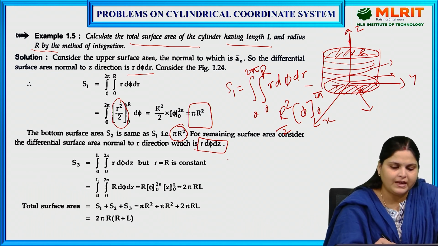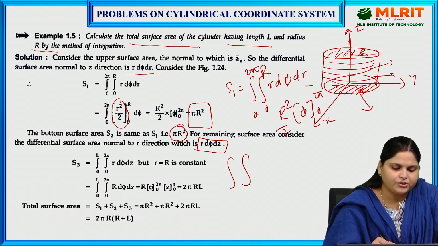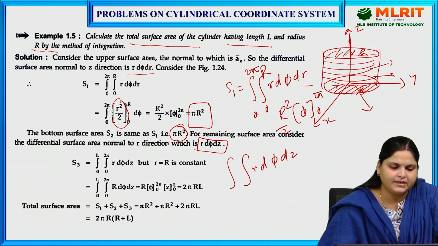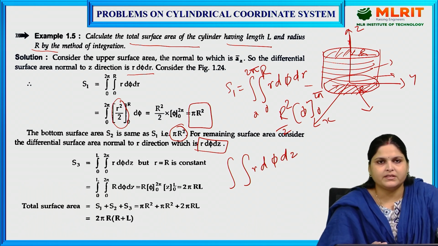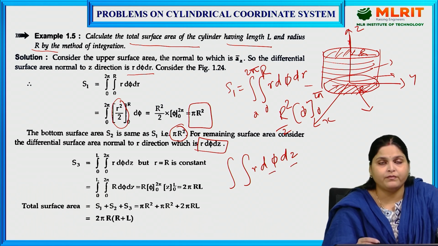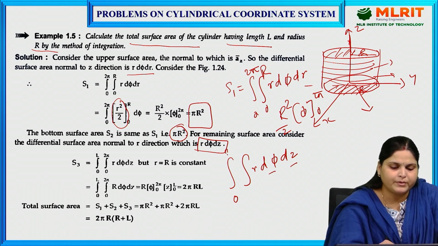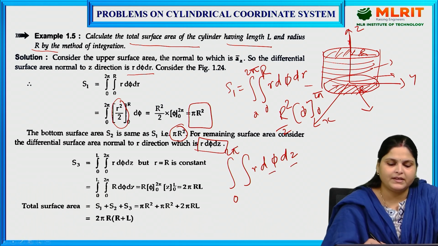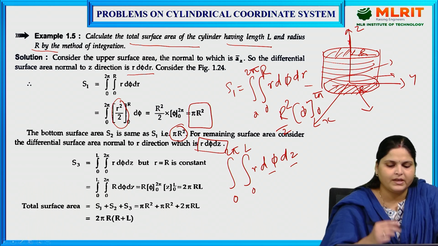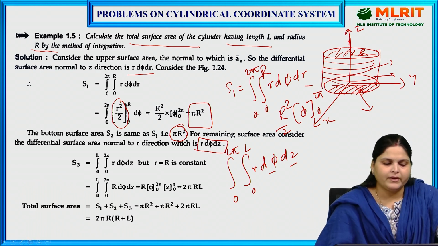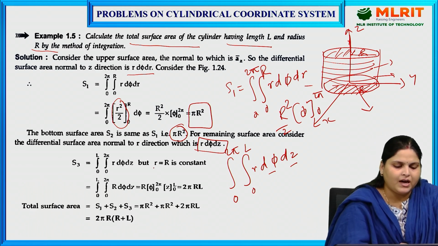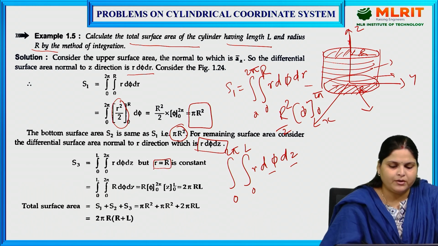So how do we calculate it? The integration of r d phi dz, and as it is an r constant surface and the integration is with respect to phi and z, the limits would be 0 to 2 pi and, the length of the cylinder being L, 0 to L. Upon solving, since r is constant, we keep it outside.